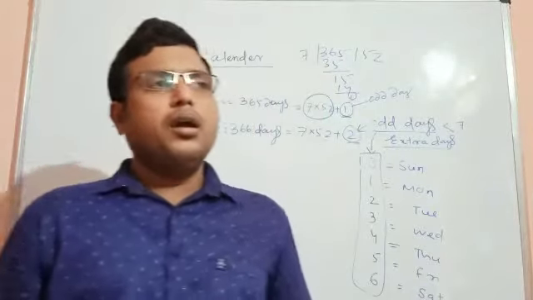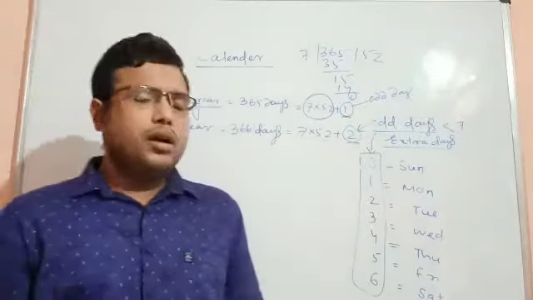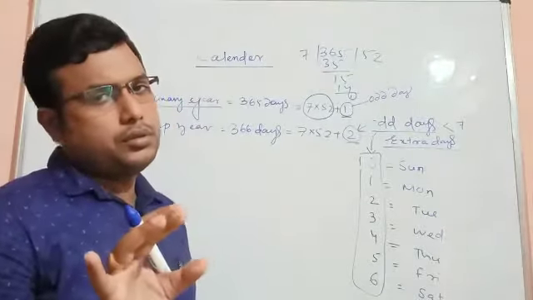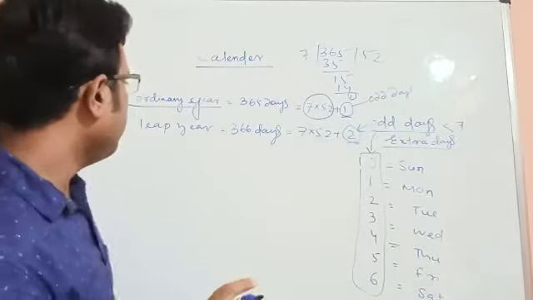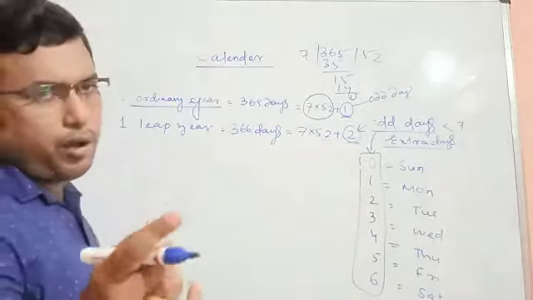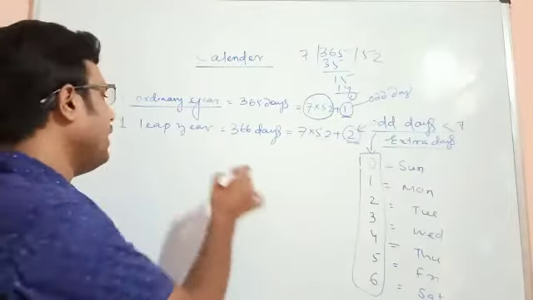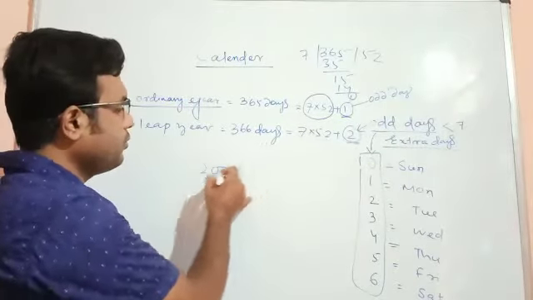I think you just write 2 lines. The centuries. Centuries means the multiples of 100, for example 2000, right?